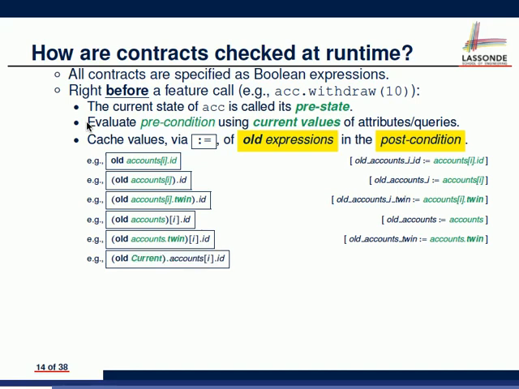I can say old current parenthesized accounts at position i.id. I can also say old current.twin parenthesized, the accounts at position i.id. There are actually three more possibilities I didn't mention, deep twin, but let's not bother. You can generalize the story.